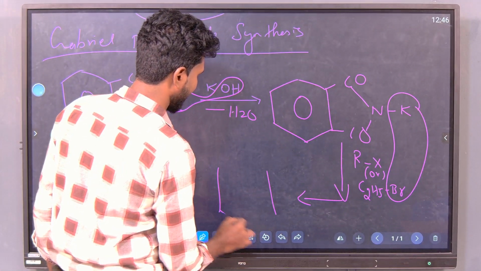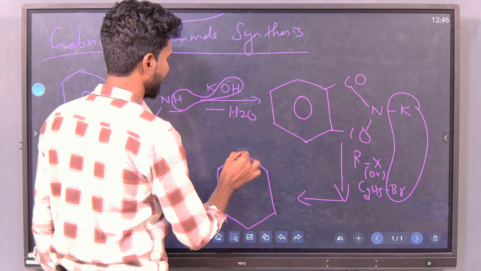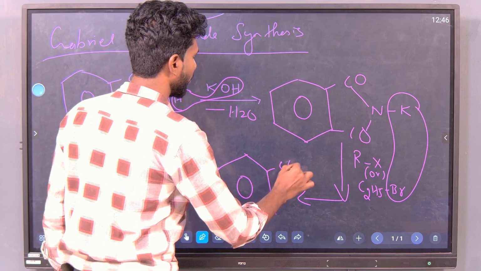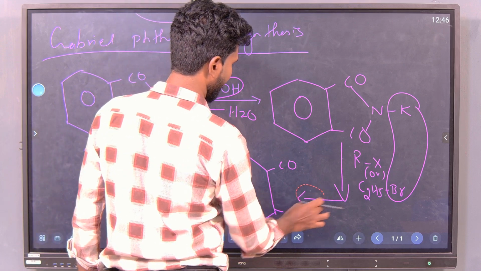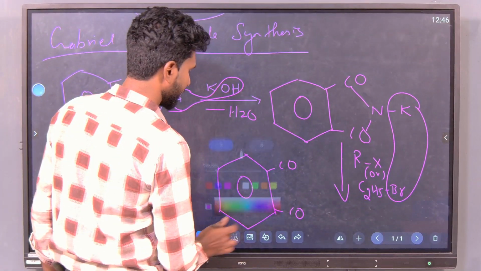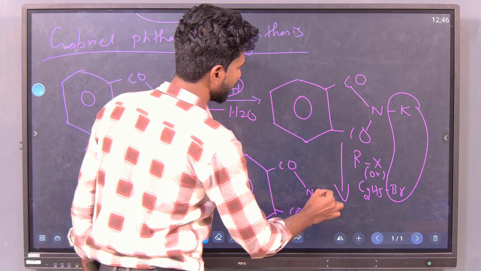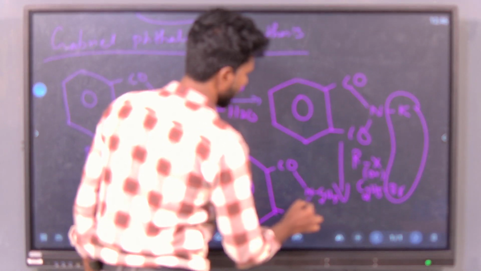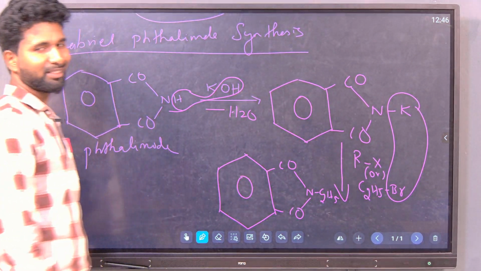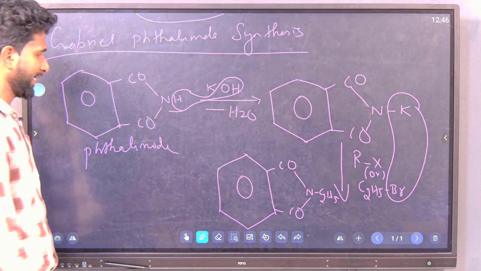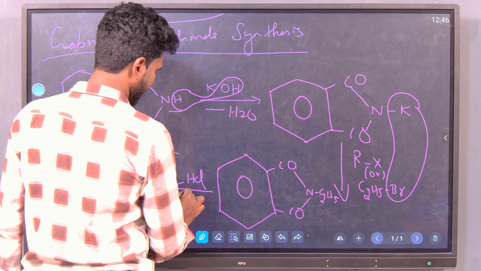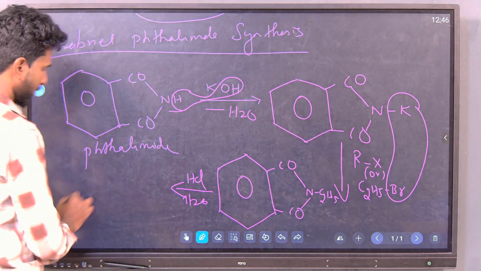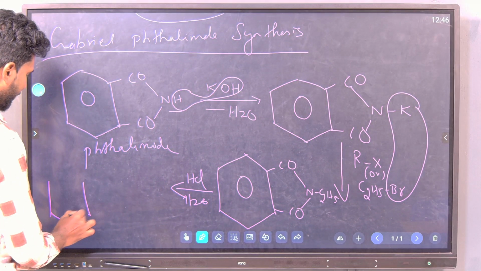We get the product N-alkyl phthalimide, here N-C2H5, followed by hydrolysis with HCl. On hydrolysis, we get phthalic acid along with the primary amine.